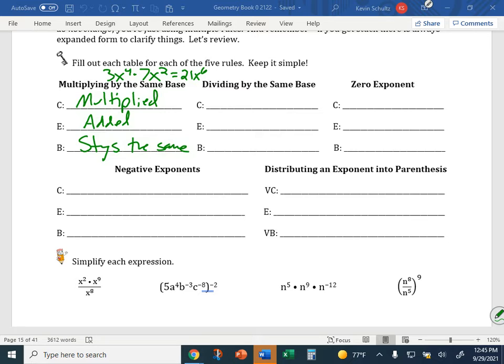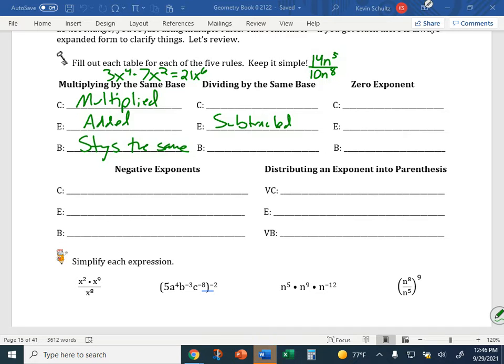Dividing by the same base. An example might be 14n to the 5th over 10n to the 8th. Okay? What happens to our coefficients? Yes, James. Not the coefficients. The exponents get subtracted.